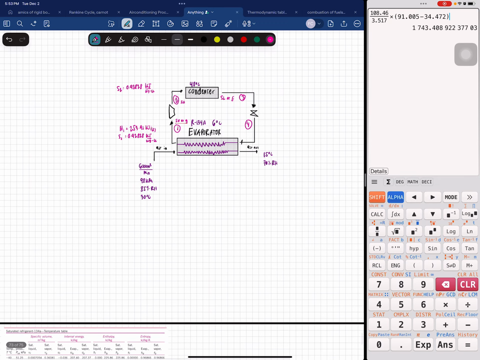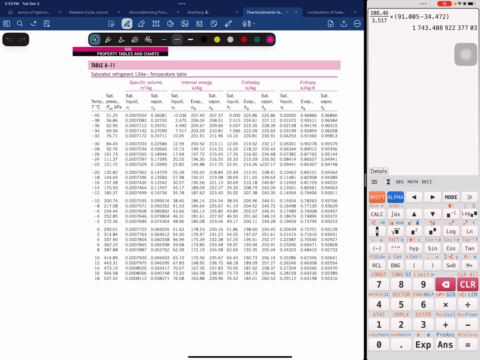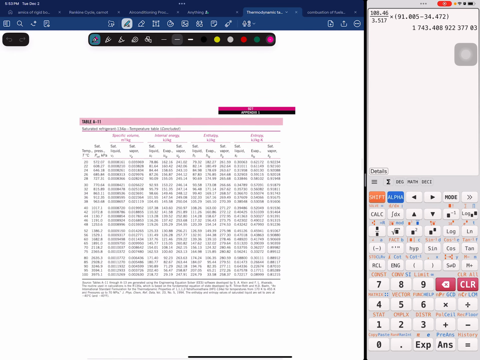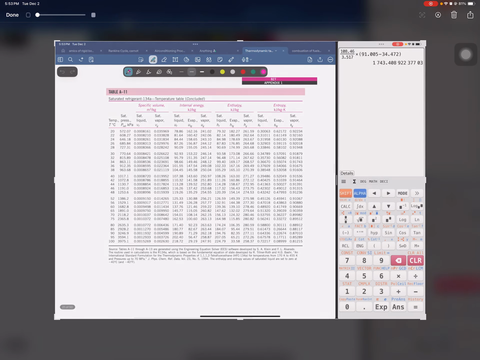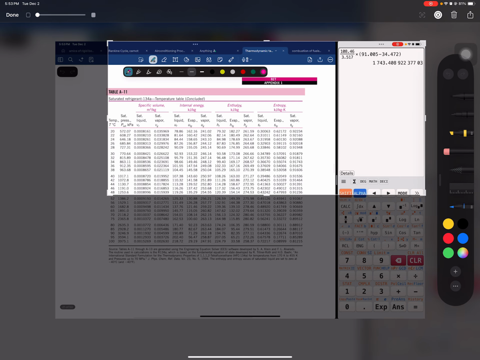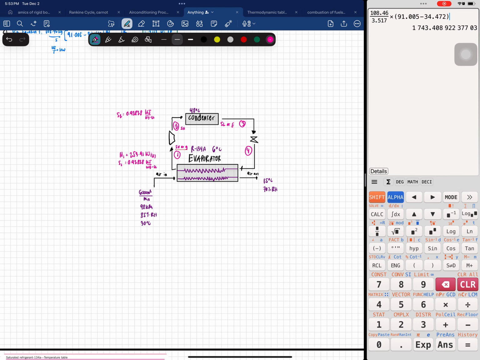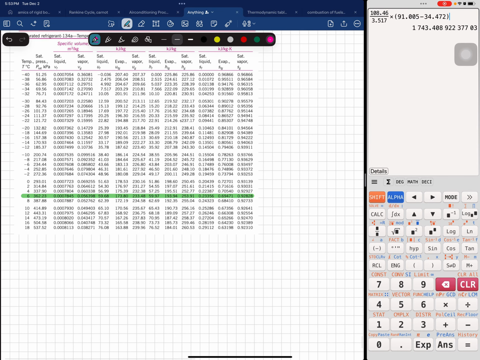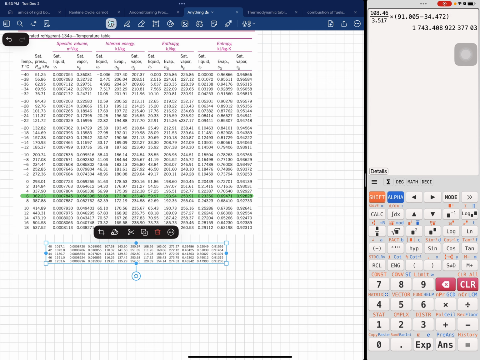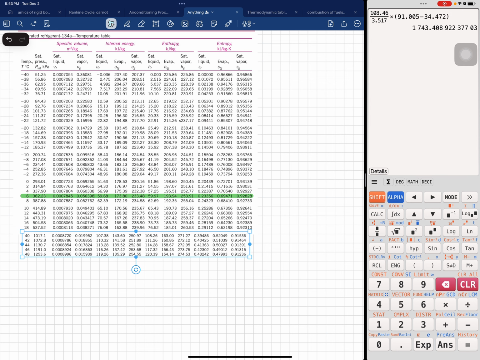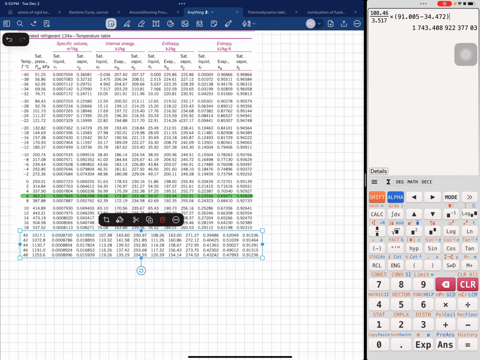We don't have the data for the 48 degrees Celsius, but we can use it. For the 48 degrees Celsius, okay, it's simply right here. Let's put it here. Okay, let's just match that.